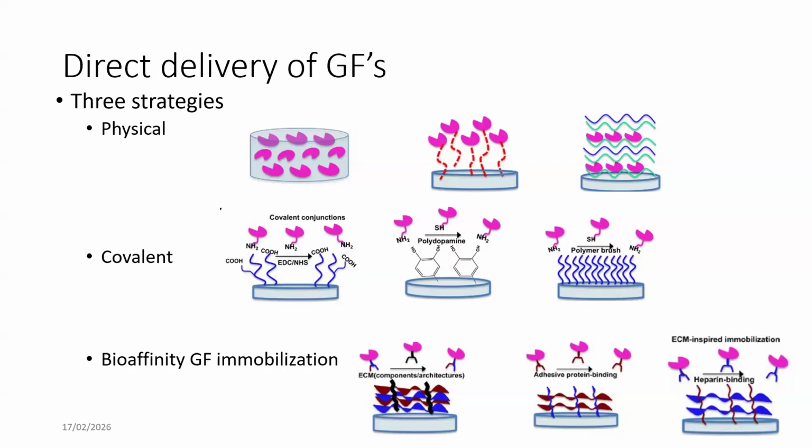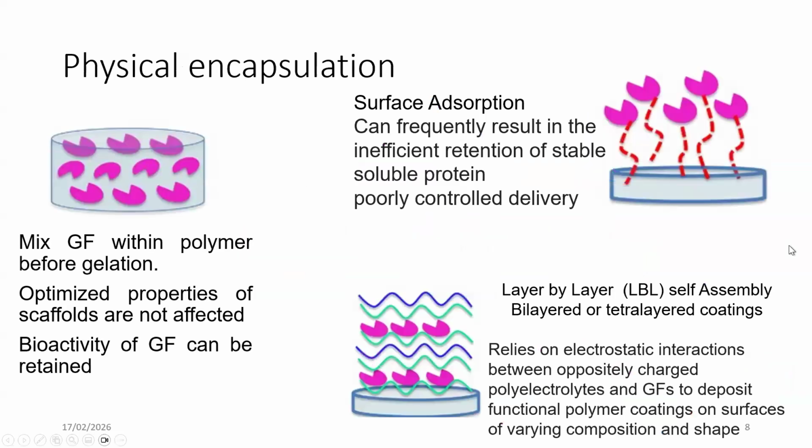They're just holding. If the material were to degrade, they would release really quickly. And this is a problem with the physical. Let's talk about what physical actually is. Physical encapsulation is you're encapsulating a growth factor, and you're not using any chemical ionic bonding, covalent bonding, or bioaffinity. You're just physically taking growth factor and placing it.